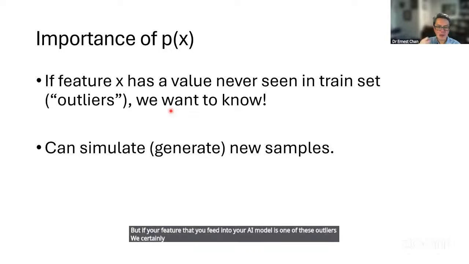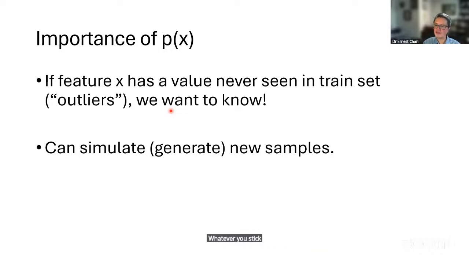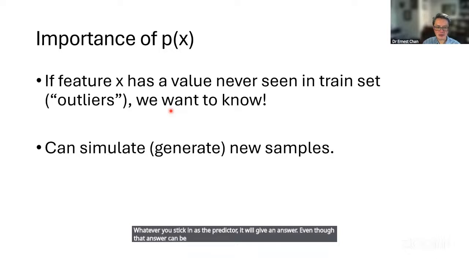We don't want to blindly trust a model that is built on a bunch of values and has never seen this outlier. So the traditional discriminative model has this limitation: whatever you stick in as the predictor, it will give an answer, even though that answer can be completely misleading, because the model was not sufficiently trained on these outliers. That happens quite often in finance.